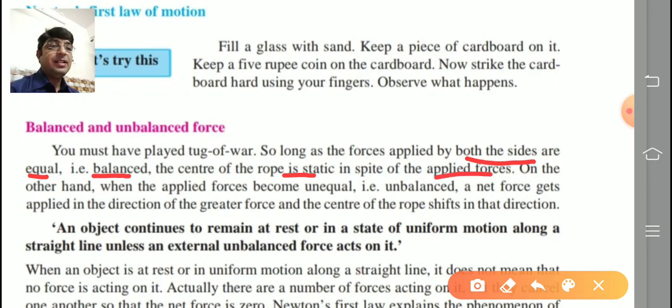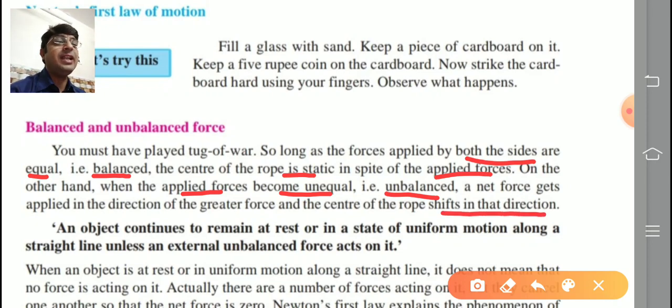On both sides an equal amount of force is exerted on the rope, and that's why the rope remains the same, that is, static. On the other hand, when the applied forces become unequal, it is called unbalanced forces. A net force gets applied in the direction of the greater force and the center of the rope shifts in that direction. So here are two definitions: what is a balanced force, and what is an unbalanced force.